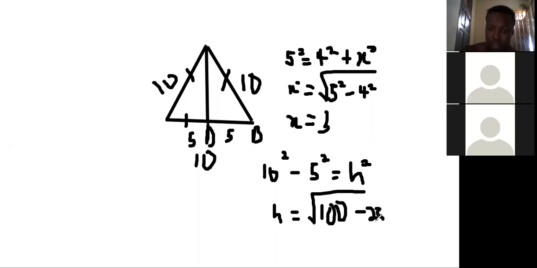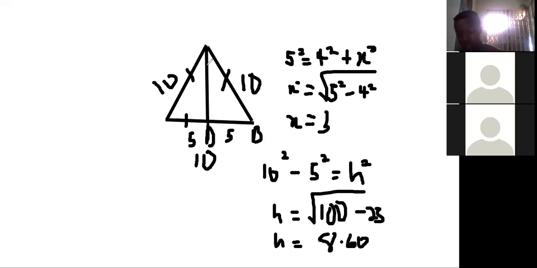So that will be root 75. What is root 75? That will give us 8.66 or something. So that will be the height of it.